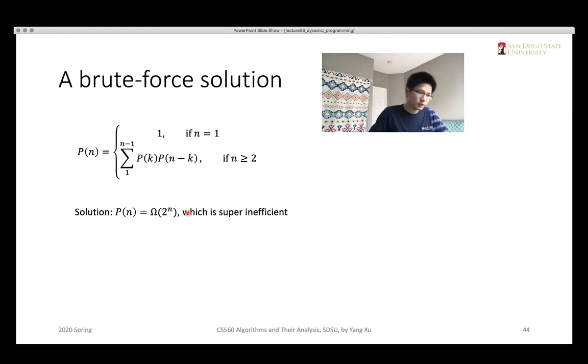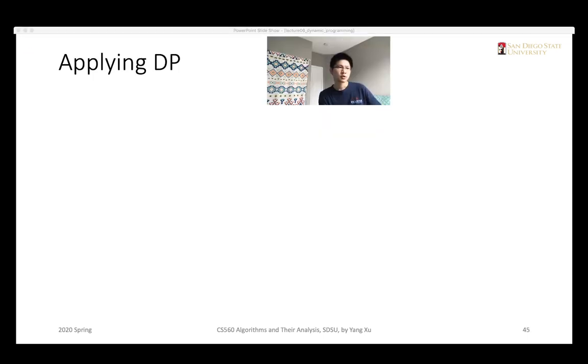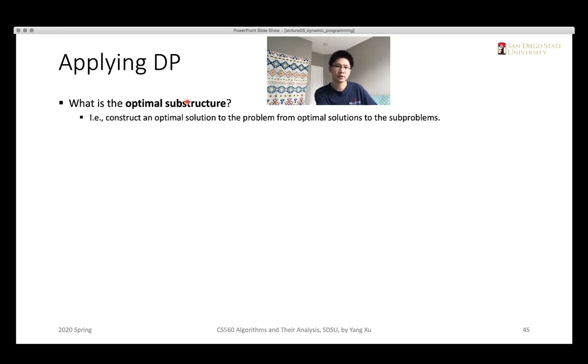Therefore we need to consider a more efficient solution using a dynamic programming approach. One of the conditions for applying a dynamic programming approach to a problem is that the problem should demonstrate some optimal substructure property.